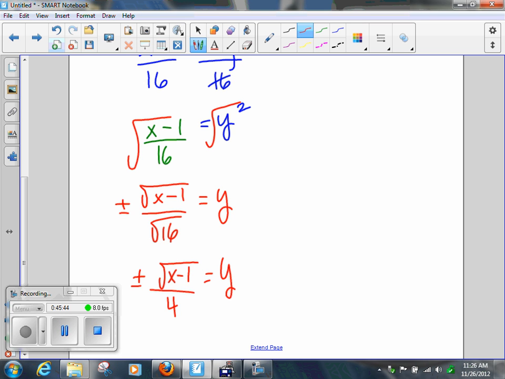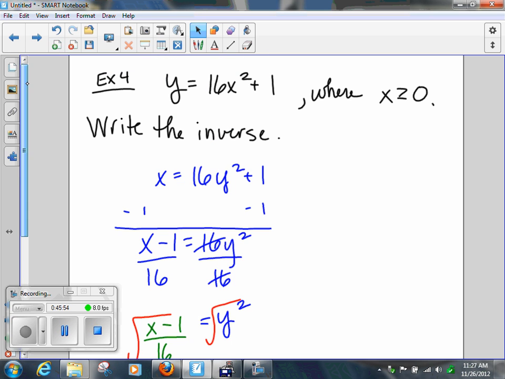So how many curves will I have to put into my calculator? I'll have to put my original, y equals 16x squared plus 1. But when I draw my inverses, how many of those will I have to draw? 2. One to account for the positive and the other to account for my negative. Are you with me, yes or no?